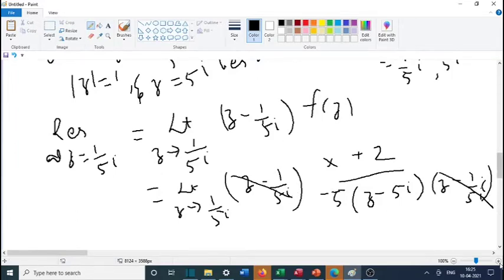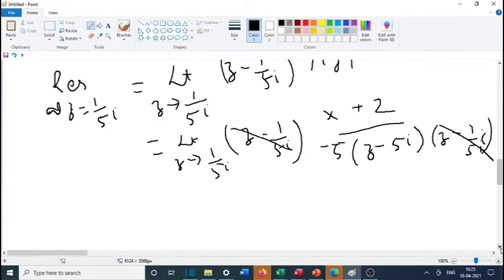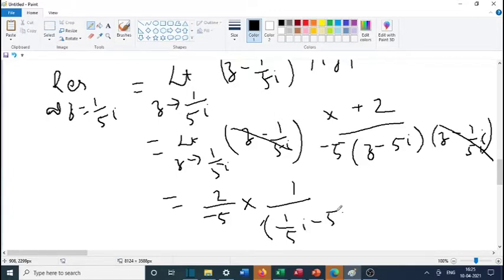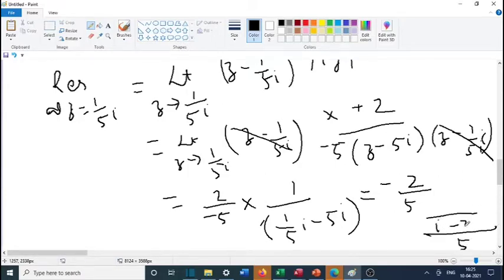So this is 2 by minus 5 into, when we apply the limit, 1 by 5i minus 5i. That is minus 2 by 5, and we can take the LCM as 5, so this is i minus 25i.